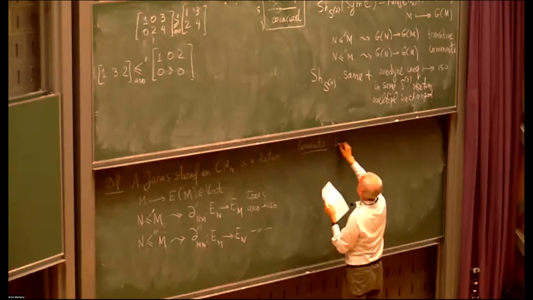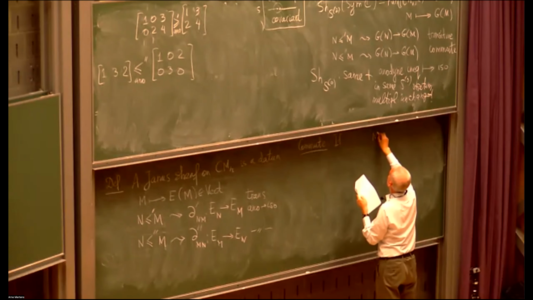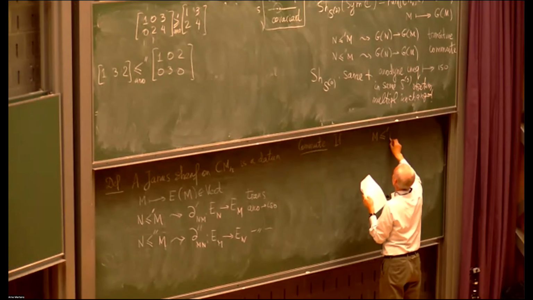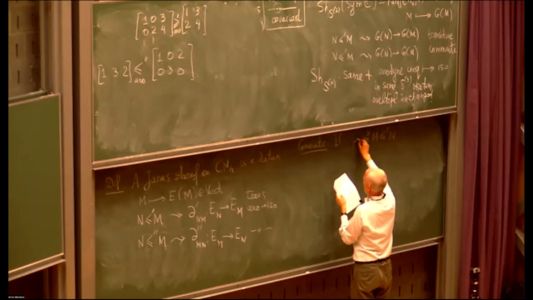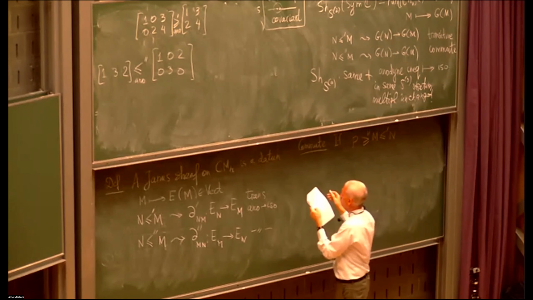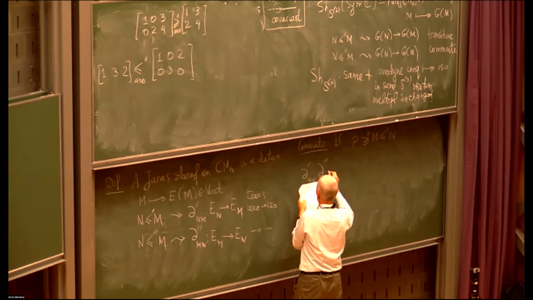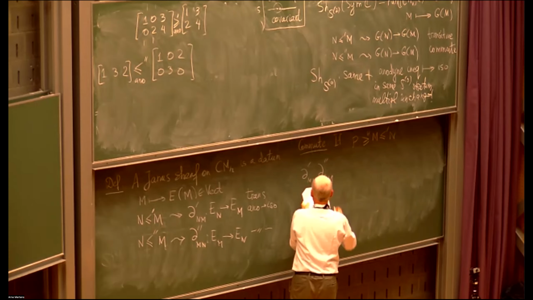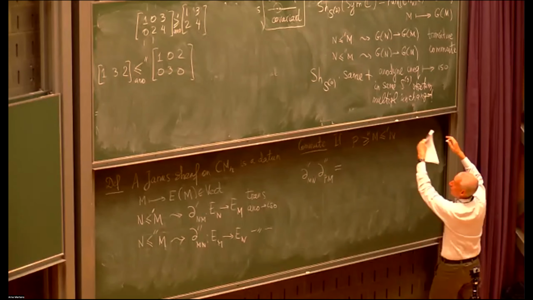Suppose we have a matrix M, which is less or equal in the first sense to N, and in the other sense to P. Then we can compose, and I write del prime Mn, del second Pm. So here it will be just a commutative diagram.